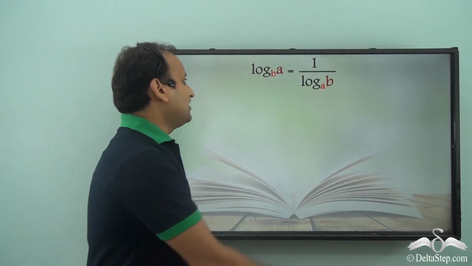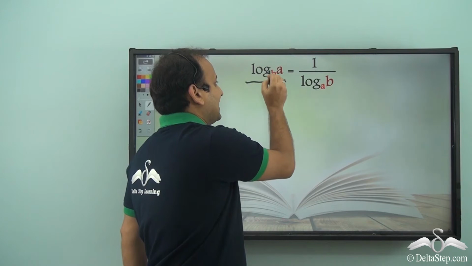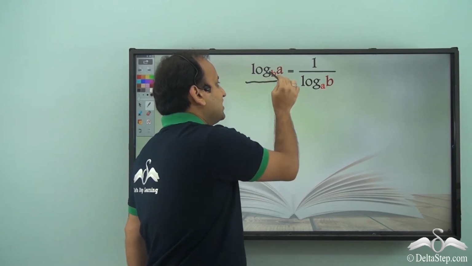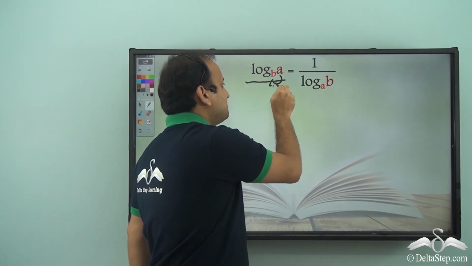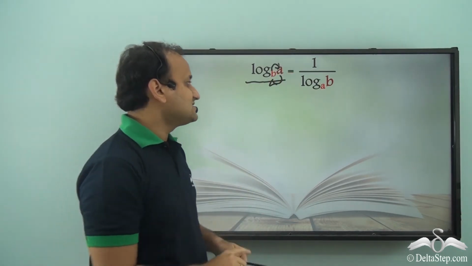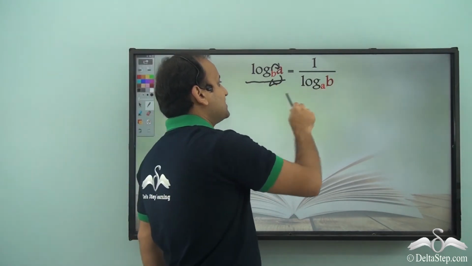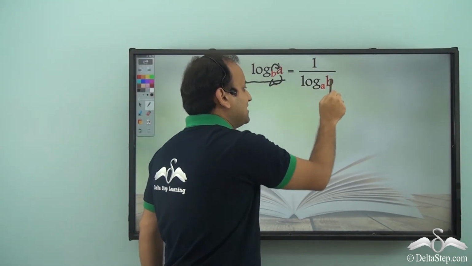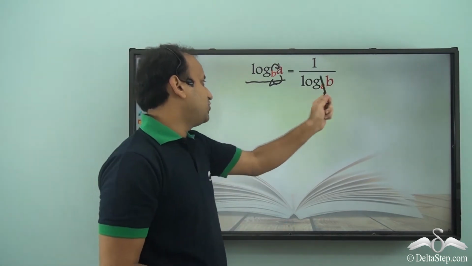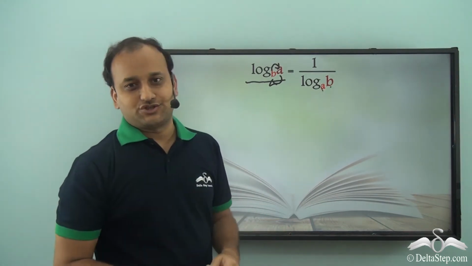It says that if you have an expression like log a to the base b, and if you want to simply interchange the base and the argument, you will have to reciprocate it. That is, you will have to write 1 by log b to the base a. So once you reciprocate it, the argument and the base are interchanged.